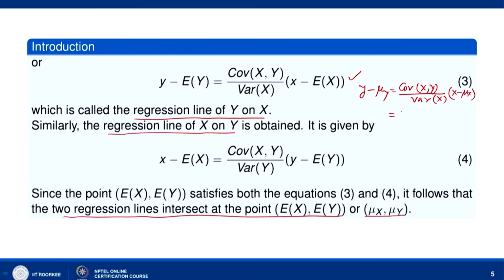The covariance of x y over variance of x is the regression coefficient of y on x, so it is beta y x times x minus mu x.